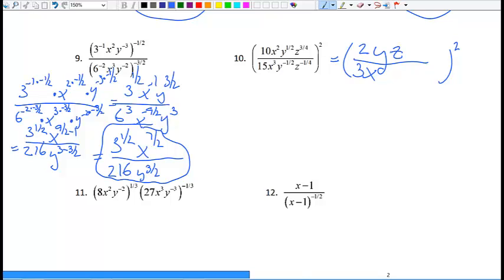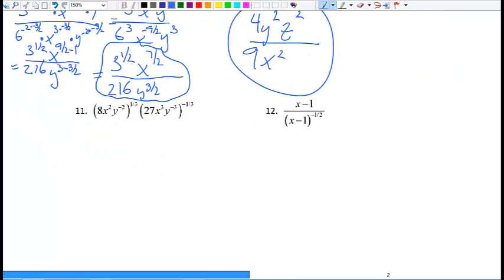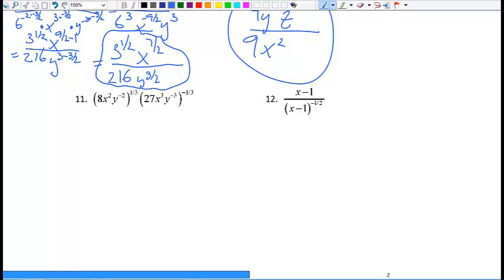And that saves a lot of calculations. So now I've got 2 squared, which is 4, y squared z squared, over 3 squared, which is 9, x squared. So that one little step saved a lot of effort on our part.